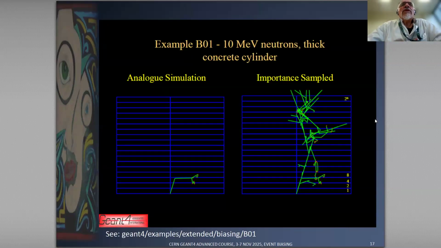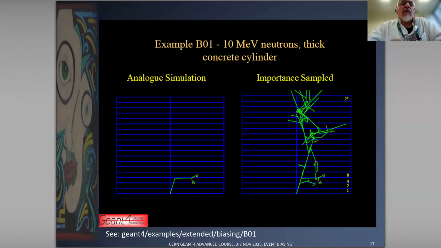So this is an illustration, and I wanted to make a demo, but since I cannot share my screen, it's a bit of a frustration. So it's just a picture of what splitting looks like with this geometry technique. On the left, you have the analog simulation. That is, you have a block which is sliced, and we shoot a neutron here.